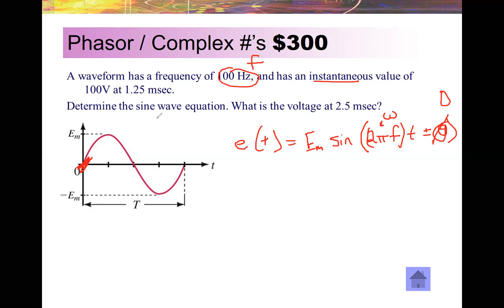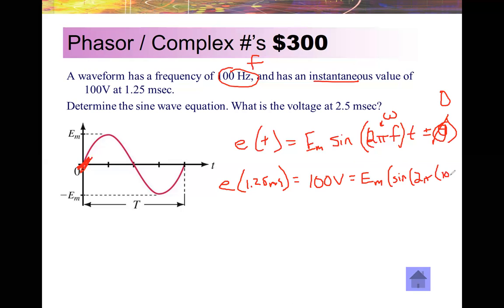Now, if we are looking at the description, it says that E at 1.25 milliseconds is equal to 100 volts. And what we're going to find is the full sine equation, which means we are going to need to solve for this again. And then we're multiplying the sine. What is inside the sine? It's still 2 pi.